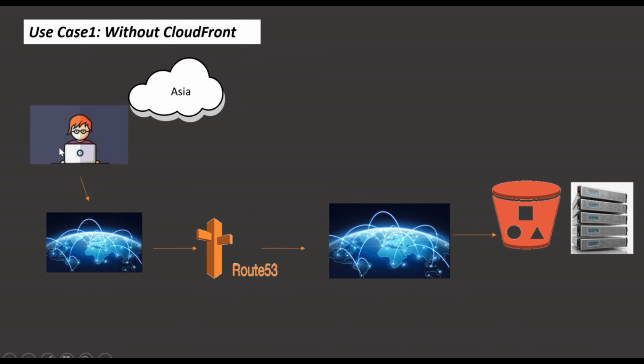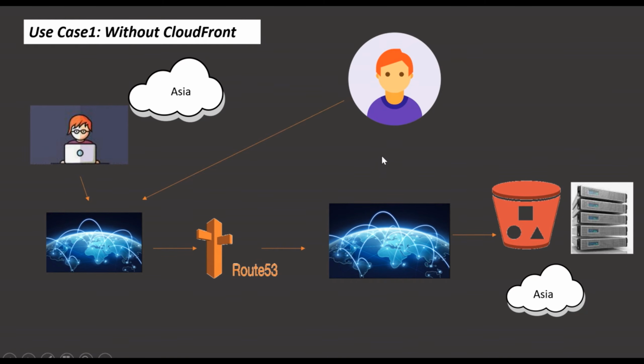The user request cannot directly hit a particular web server. It has to go through multiple complex networks, and that keeps increasing the latency. Now let's suppose these servers are listening under data centers in the Asia zone itself. Then there will be less latency.